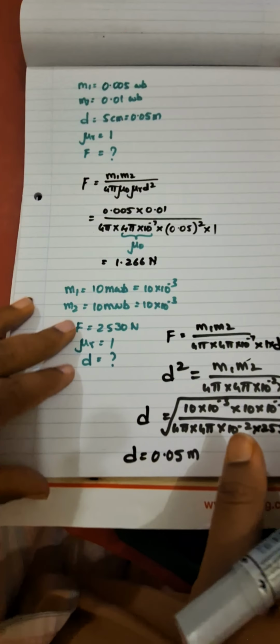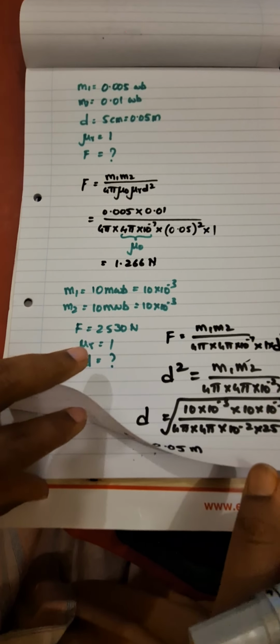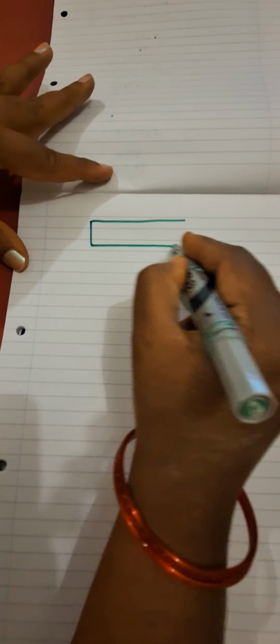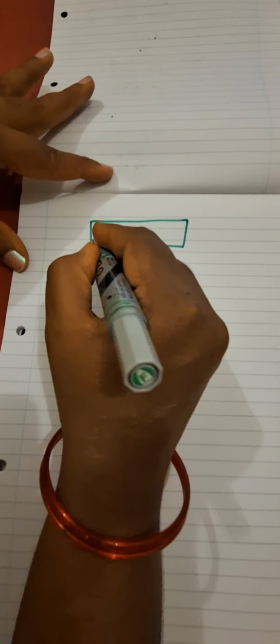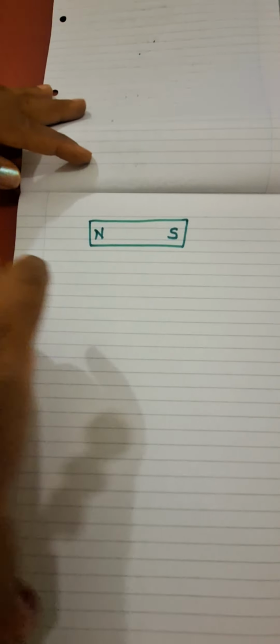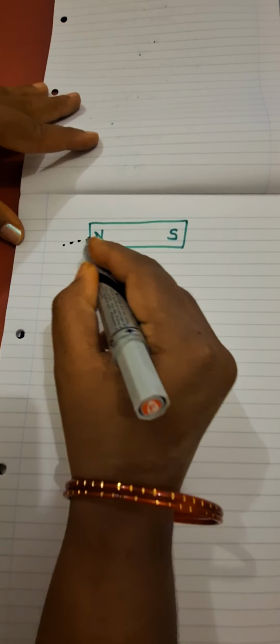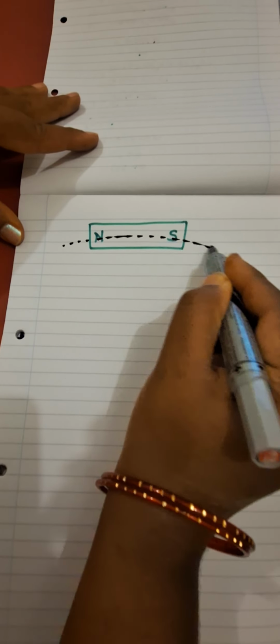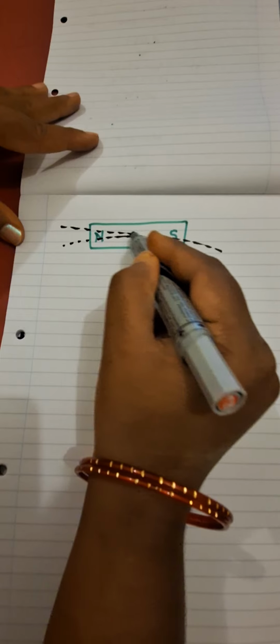Okay, so our next concept is about lines in the magnetic field. For example, when there is a magnet like this with a north pole and a south pole, I am talking about the attraction of the poles, this way and this way.